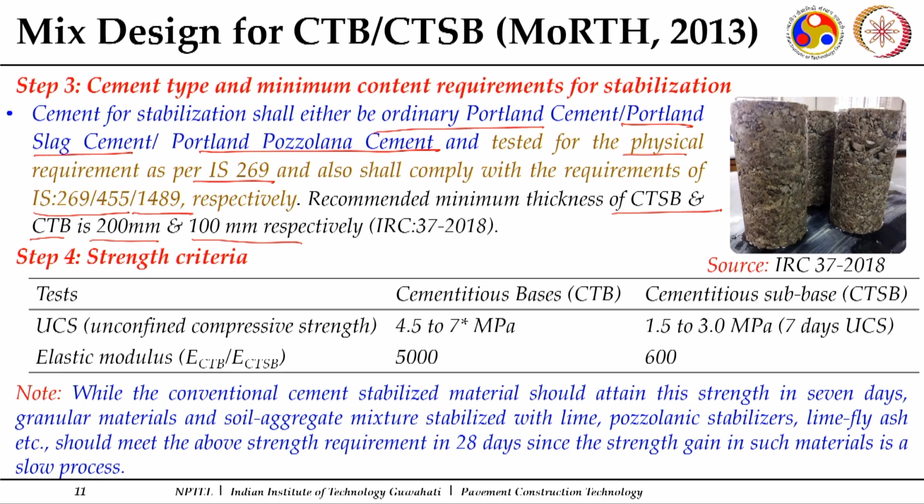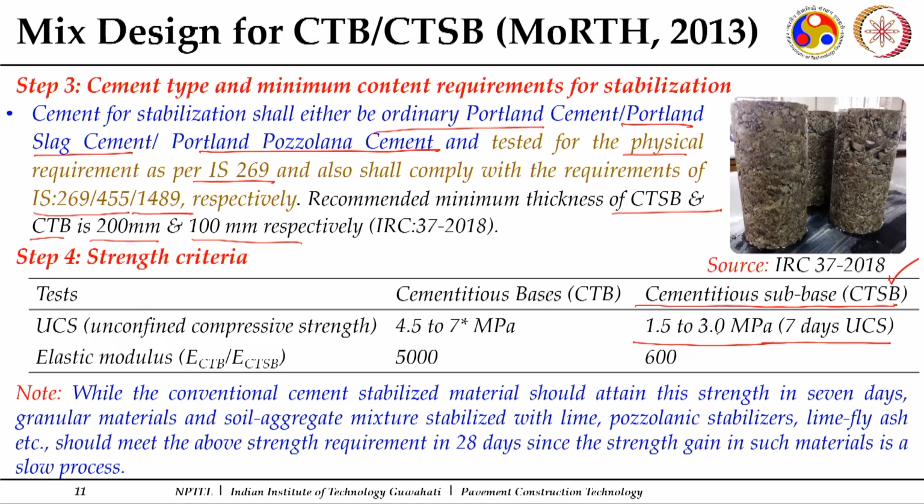When you are using that material as cementitious sub-base, the unconfined compressive strength at 7 days should be in the range of 1.5 to 3 megapascals. This is an important requirement for any stabilized material to be used as subbase.